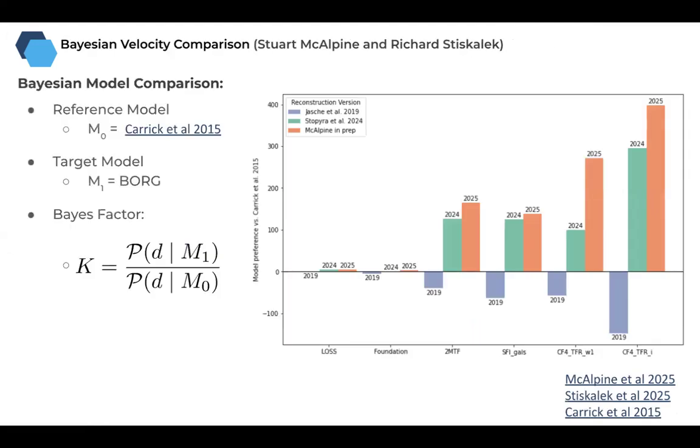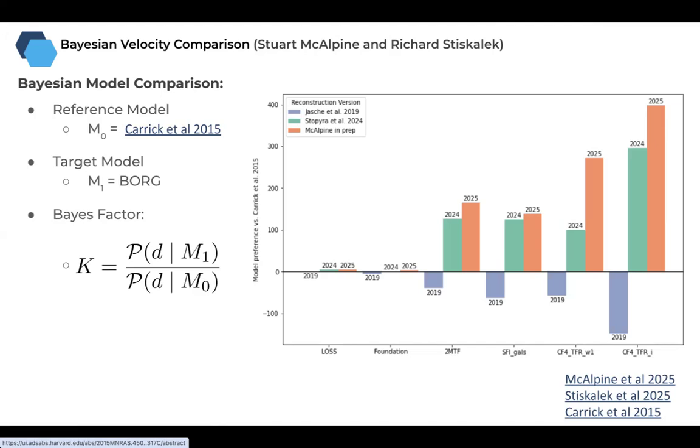We have run a large comparison project of the field-level inference done with BORG in comparison to state-of-the-art velocity field reconstructions for different data sets. We then performed a Bayes factor comparison with respect to Carrick et al. 2015, which is a gold standard velocity field model used for all kinds of distance tracer analyses.